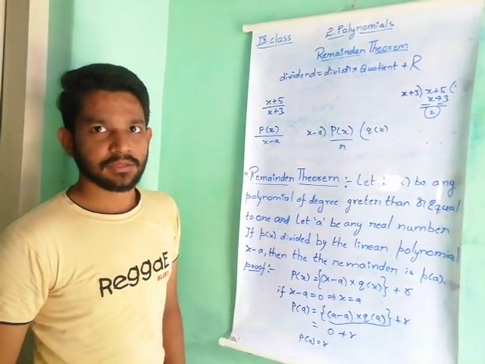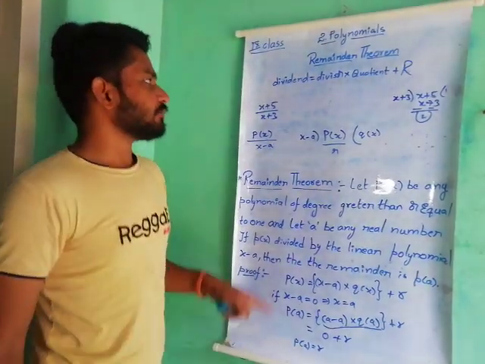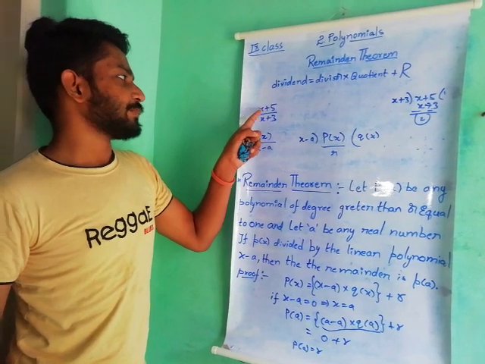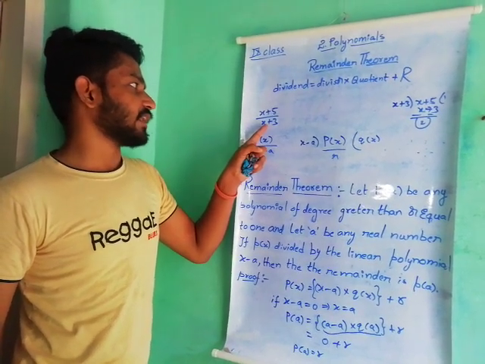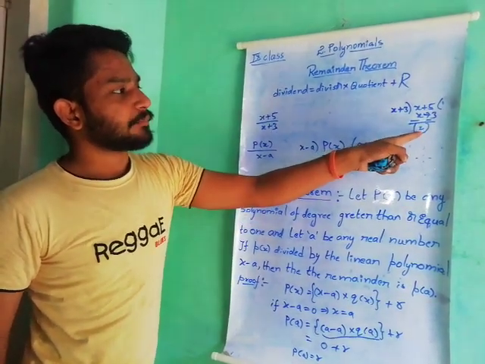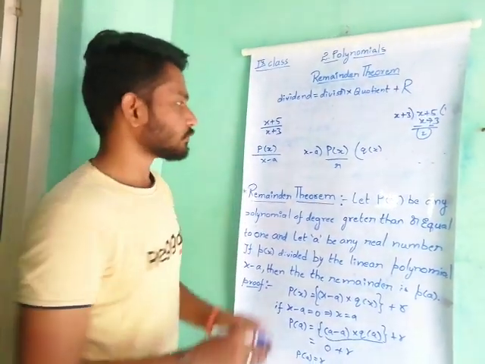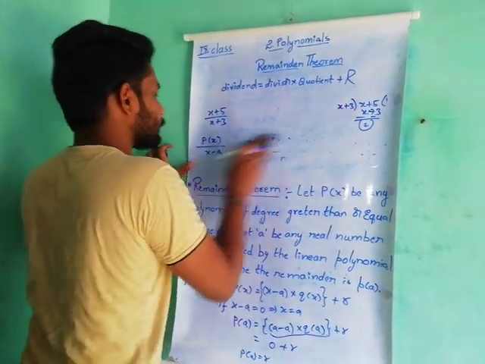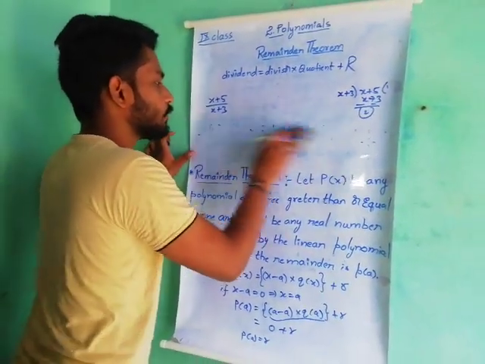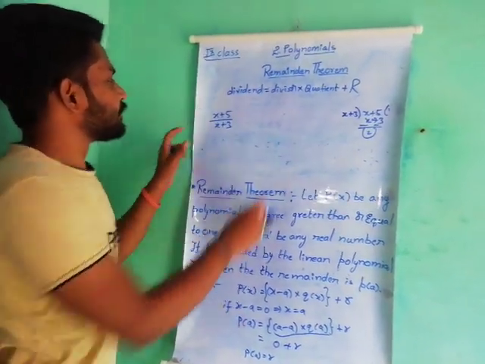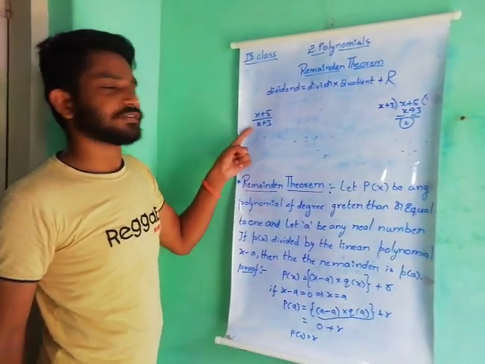Okay. So by using the remainder theorem we have to find out, when x plus 5 is divided by x plus 3, whether we get 2 or not. We have to check.